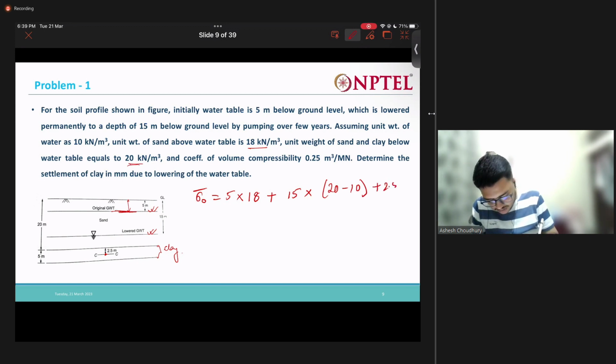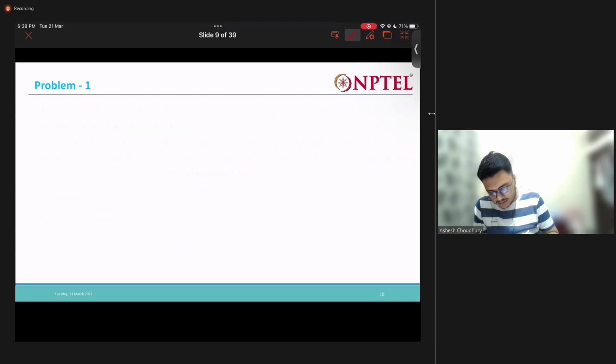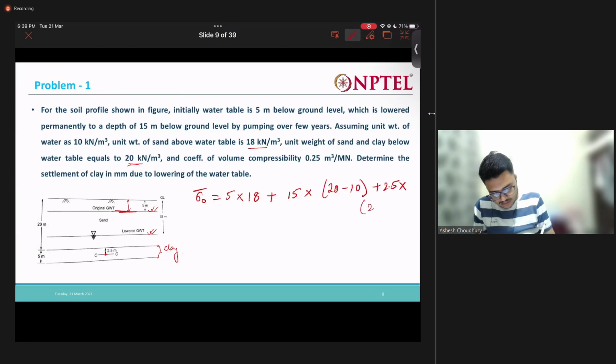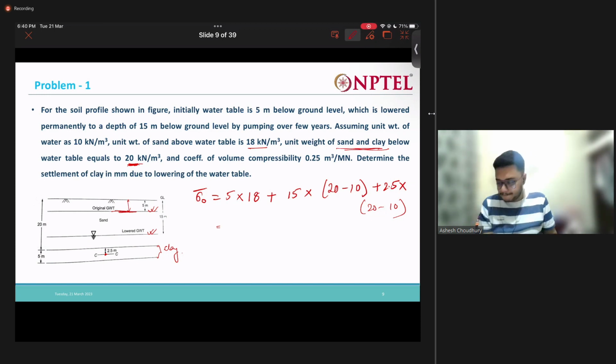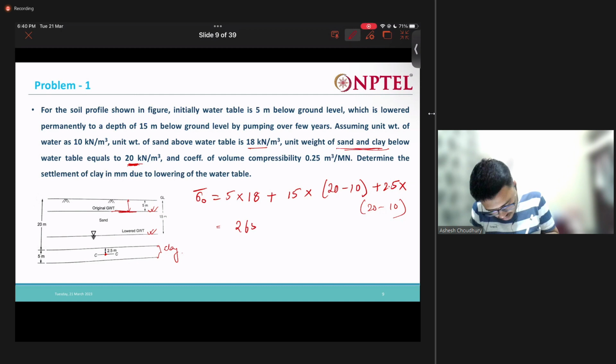Plus 2.5 into the same 20 minus 10, because 20 is the unit weight of both the sand and clay below the water table, so the unit weights are the same. Please calculate how much it comes. It is 265 kilonewton per meter square.